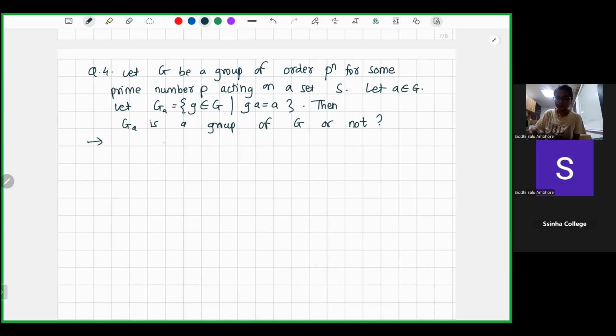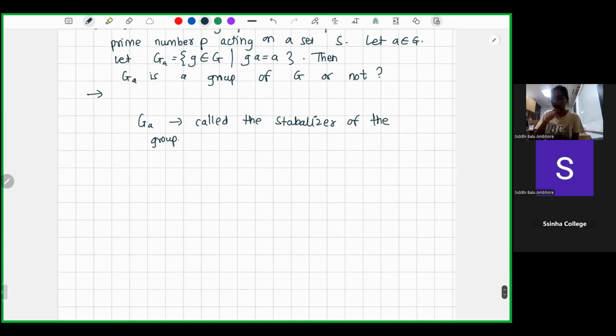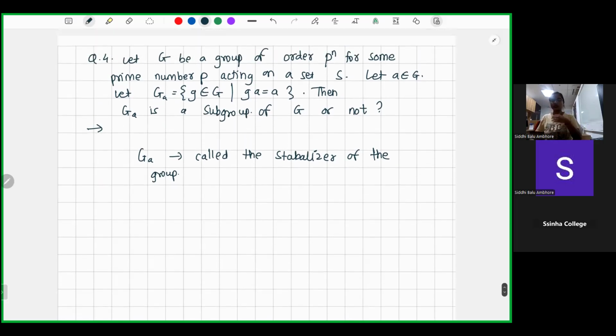This G_A is called the stabilizer of the group. And we have to check whether this G_A is a subgroup of G or not. Okay, so let us check that.